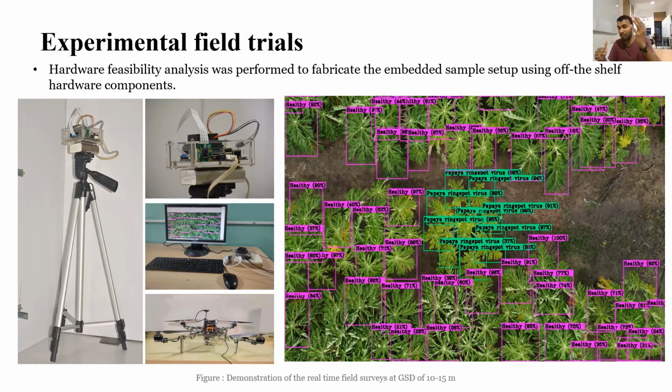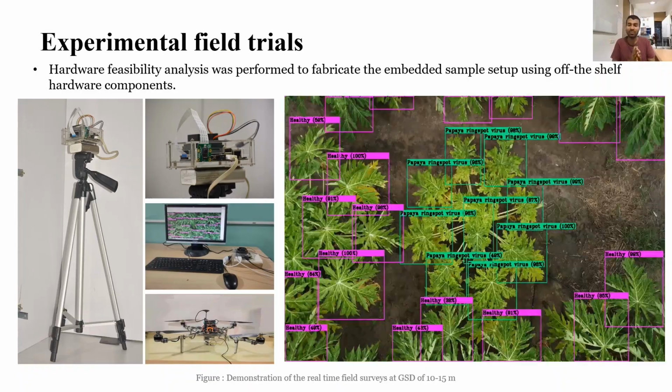You can see that the methodology works in this video, but because the number of detections increases with an increase in the ground sampling distance, the mean average precision and the training loss were also affected, and hence there was a lag between the real-time footage and the footage detected from the onboard setup. But this lag can be considered a trade-off, because we were able to provide real-time feedback, or real-time detections, to the farmers or end users, which was not possible earlier.